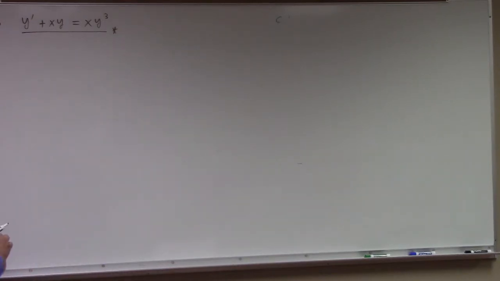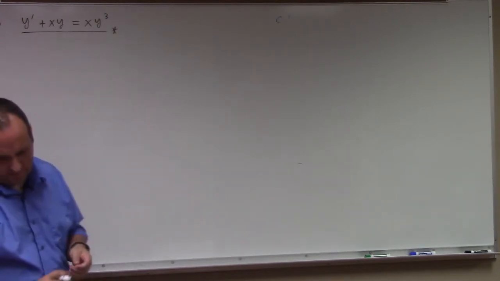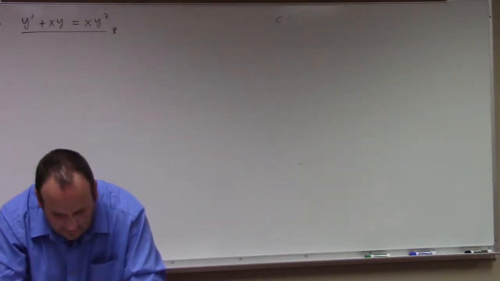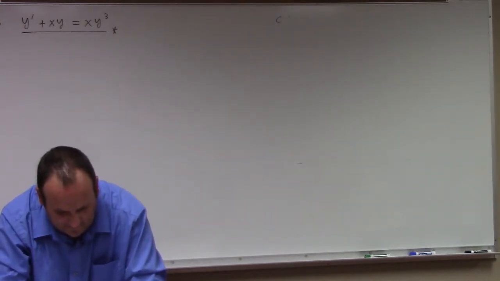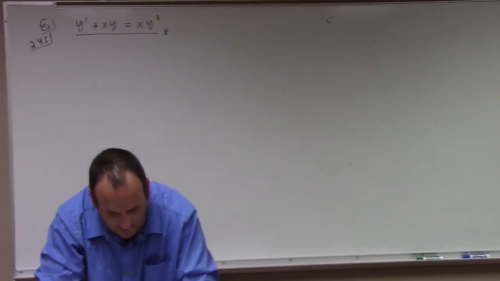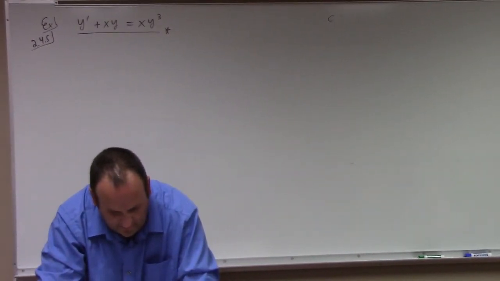So the idea that the notes put forth is we should multiply by y. I think what I'm going to do is ignore my notes and just make a z equals 1 over y squared substitution.